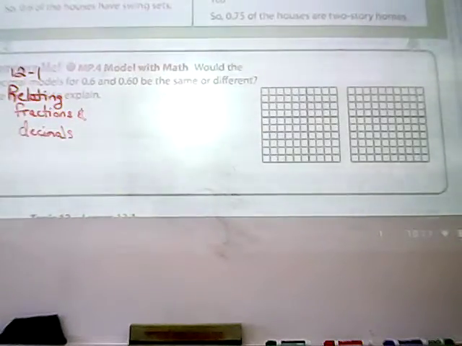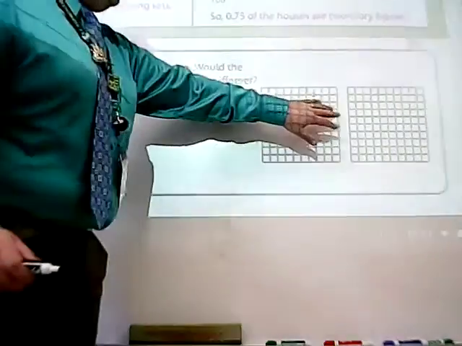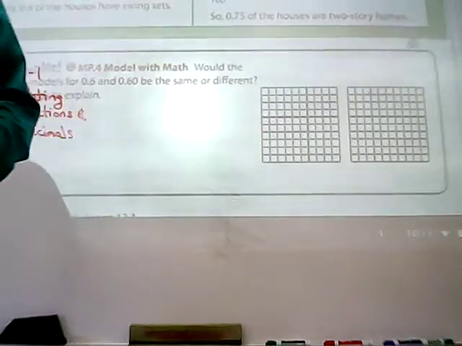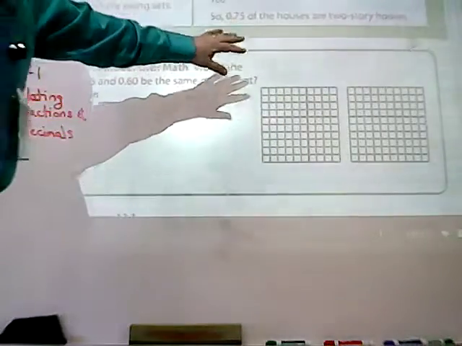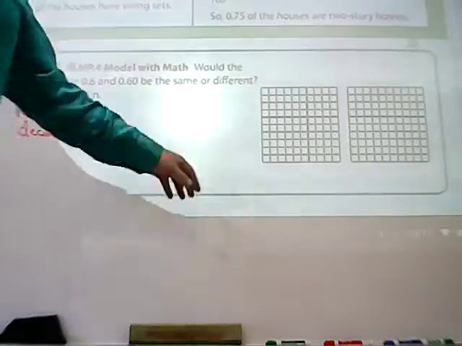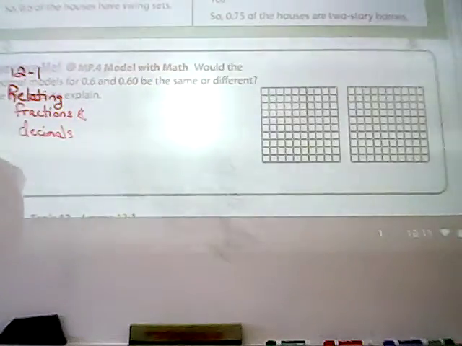The reason I'm doing this is because sometimes it's difficult to see using a large grid. I have 2 grids broken into 100 pieces. Each of these are broken into 100 pieces. Don't concern yourself with any of the writing here. We're going to do our own example.